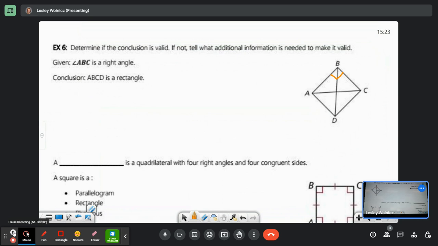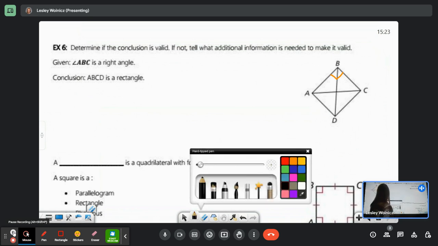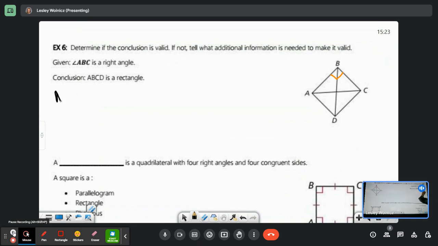No. Okay, why not? Because we're not given that it's a parallelogram. Yep. We don't know that it's a parallelogram. So we're going to say not valid.